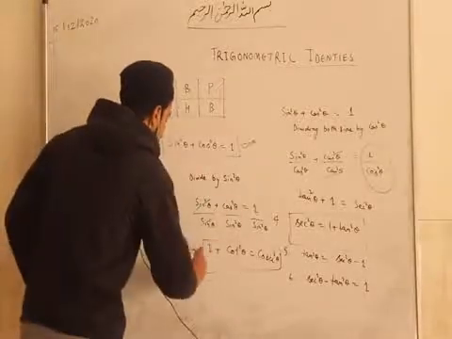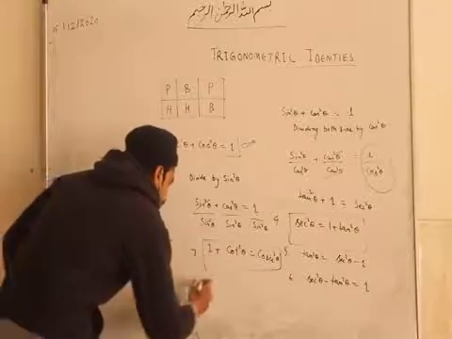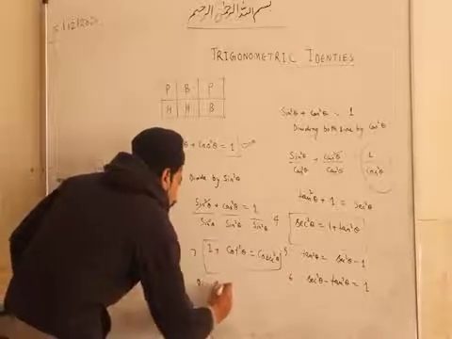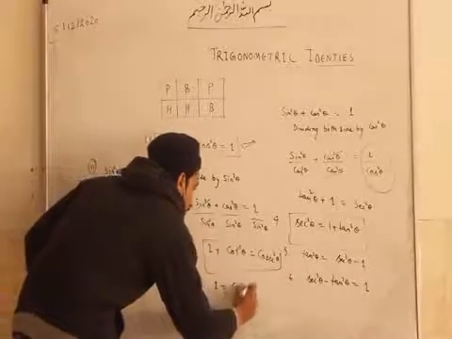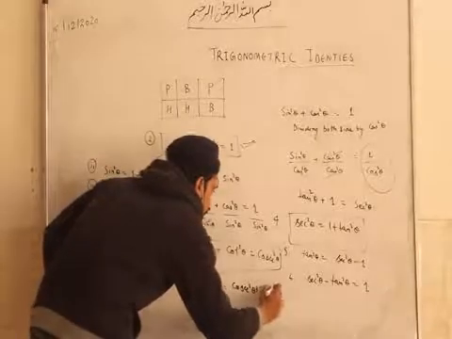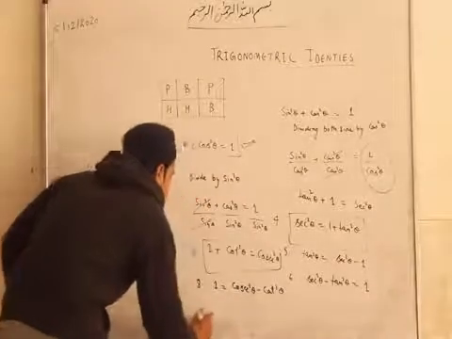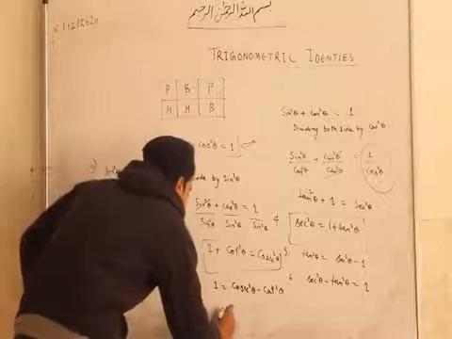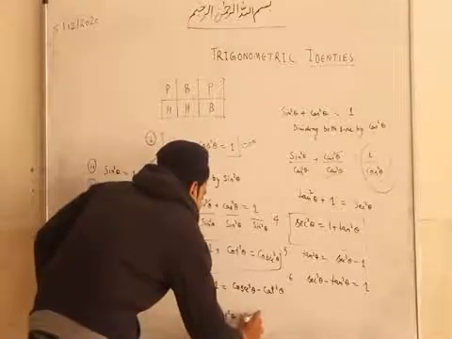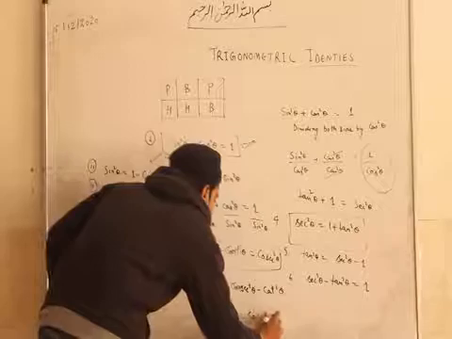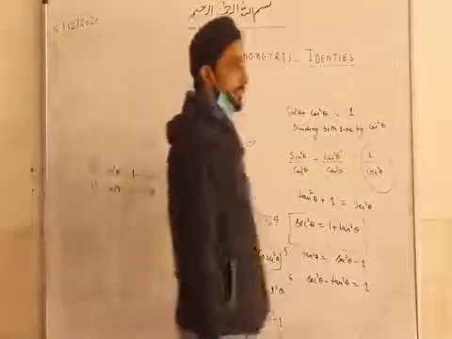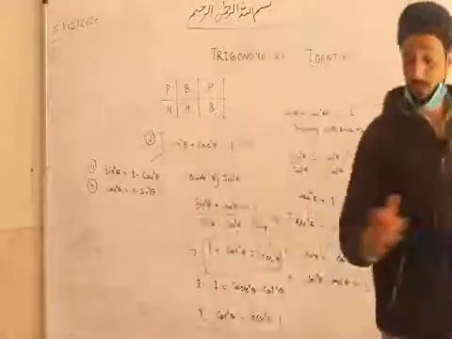So I am writing here the seventh one. By adjusting, you can write 1 is equal to cosec square theta minus cot square theta, and the ninth one is cot square theta is equal to cosec square theta minus 1. So these are the identities.